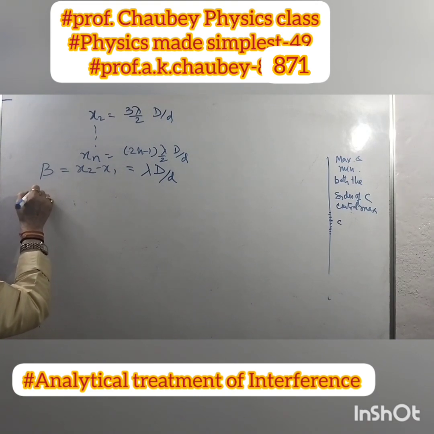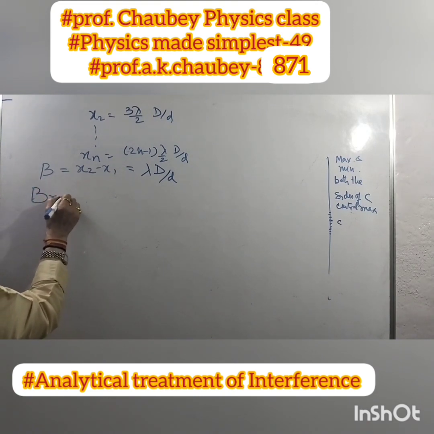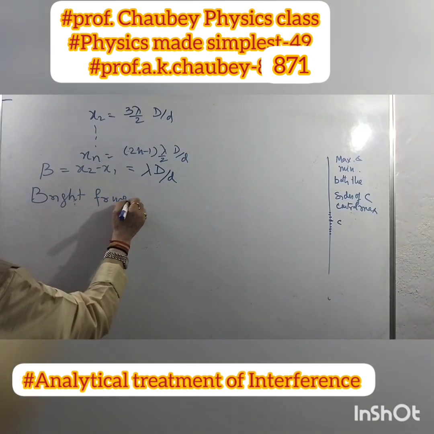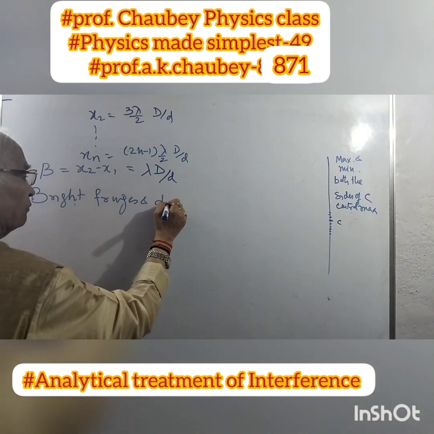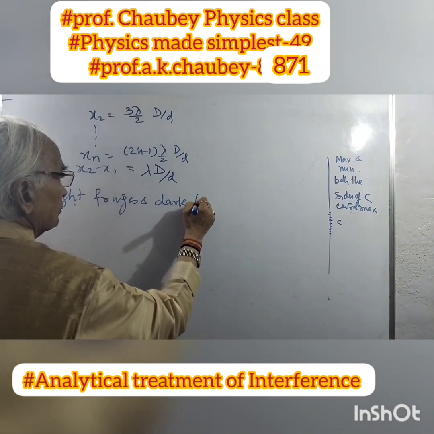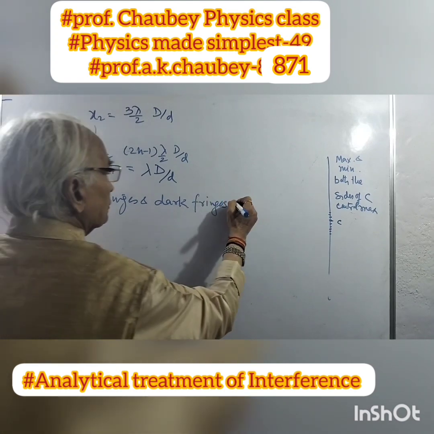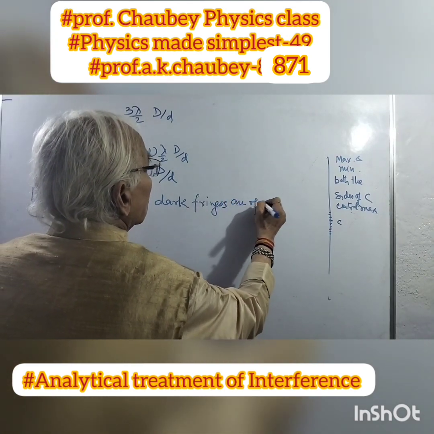This means bright fringes and dark fringes are of equal width.